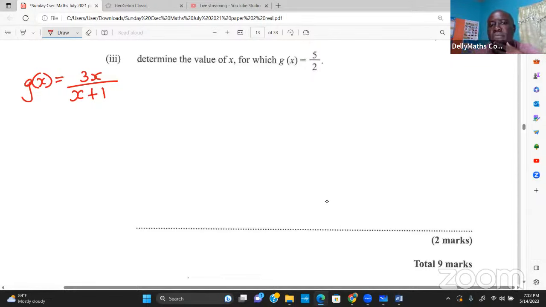Determine the value of x for which g of x equals 5 over 2. g of x is 5 over 2. That sounds like I could put 5 over 2 where g of x is. Yes, you can, because that's what you're doing. So put it there: 5 over 2 is equal to 3x over x plus 1.